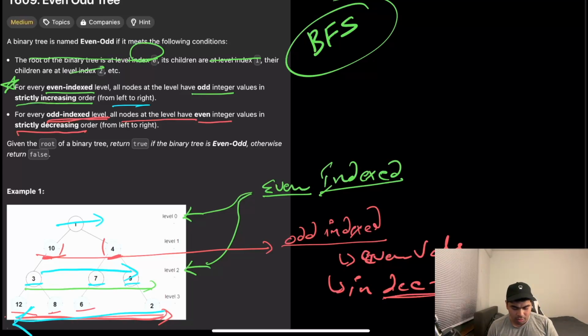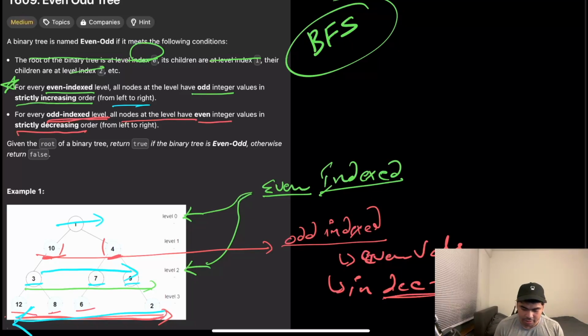So I think it's just maintaining some flags, and once those flags switch, we just need to check if all the values are either even or odd, depending on whether it is an even or odd indexed level. At the same time we check if they are strictly increasing or strictly decreasing. If anywhere any of these conditions fails, we return false, otherwise we return true.